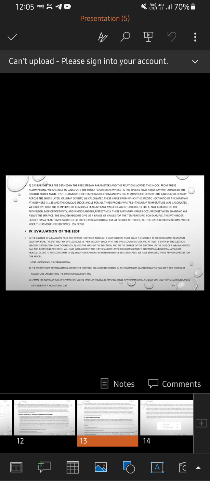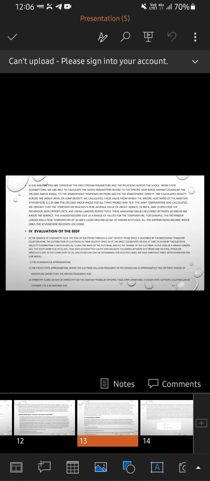We have employed approximations for our model: the homogeneous approximation and the steady state approximation, where the electron collision frequency in the ionized gas is approximately 2 or 3 orders of magnitude larger than the drive frequency, and symmetric along an axis of symmetry for the Martian probes.